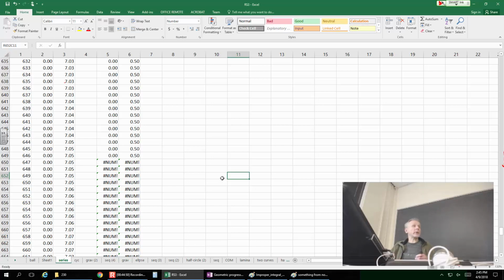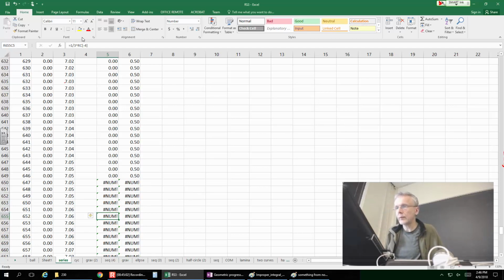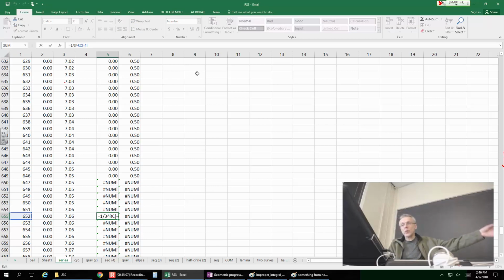It's the same formula, right? So there is nothing wrong with the formula, but as you can see, the formula is I divide 1 by 3 to the power of 652. So, you see what happened?